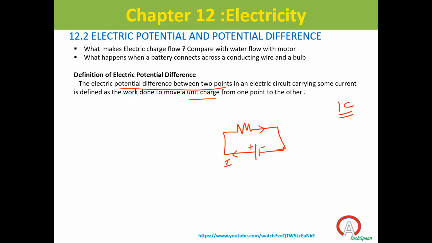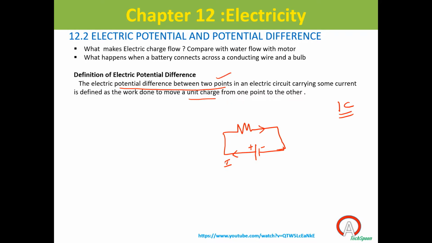So work done to move a unit charge from one point, here I am taking the positive terminal, to the other terminal, the negative. Just read that statement again. I explained what unit charge means and which are the 2 points.